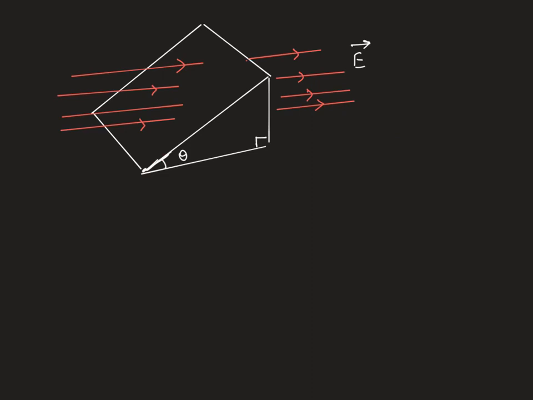Now this is a very simple question. This is what you see here. Here is an inclined plane, and this is a surface. It has an area, let's say it has an area A. And a field is passing horizontally.